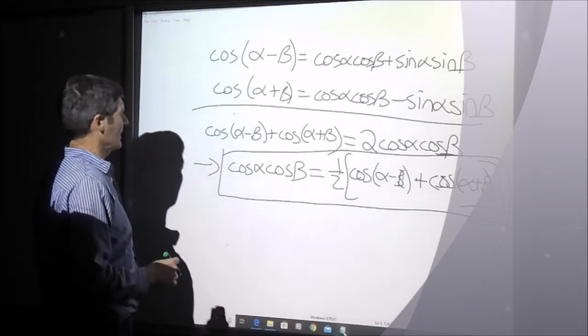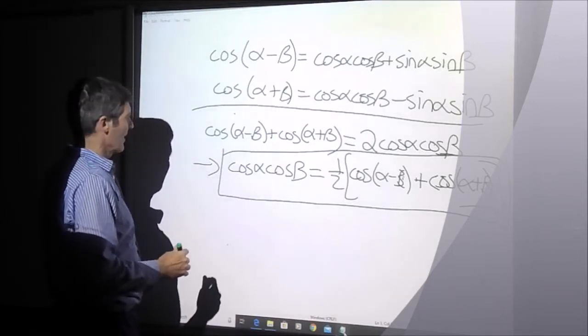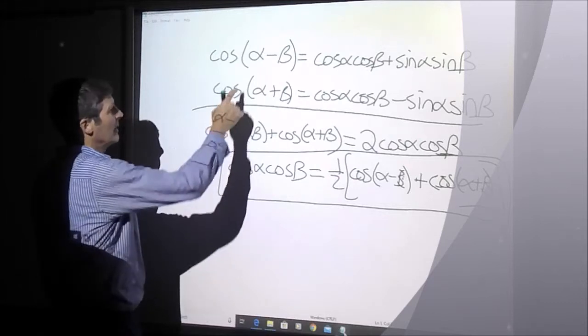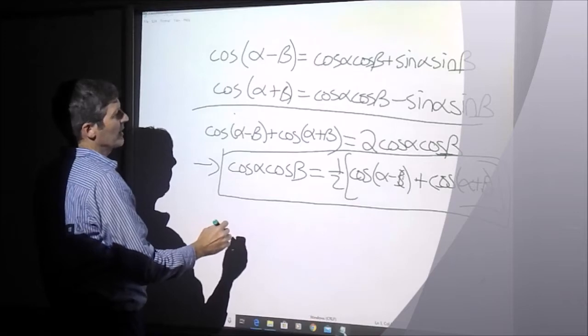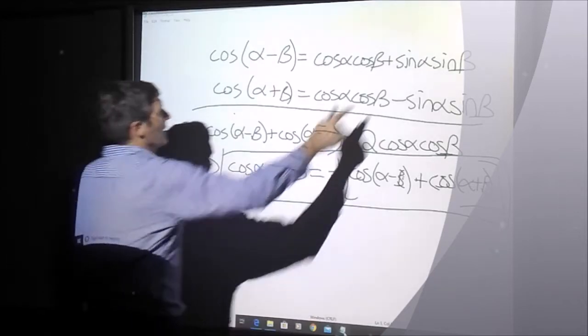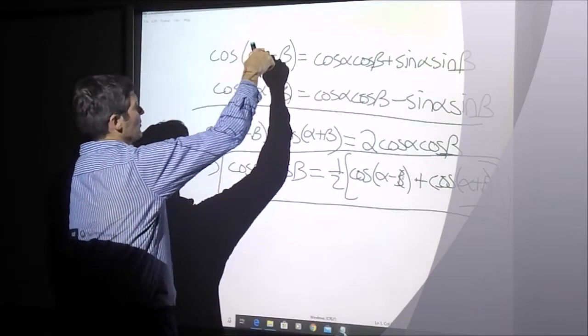Now similarly, I can subtract them, and if I subtract them, this one minus this one, and divide by 2, then these two add, and I get 2 of these is equal to this one minus this one.